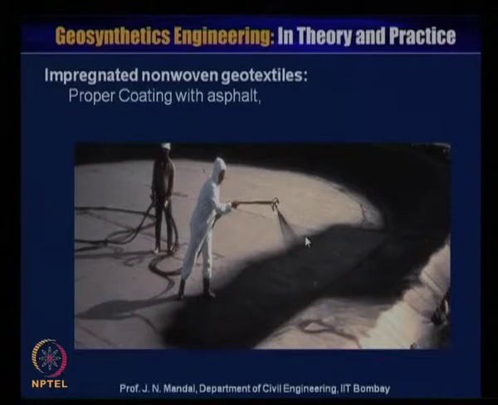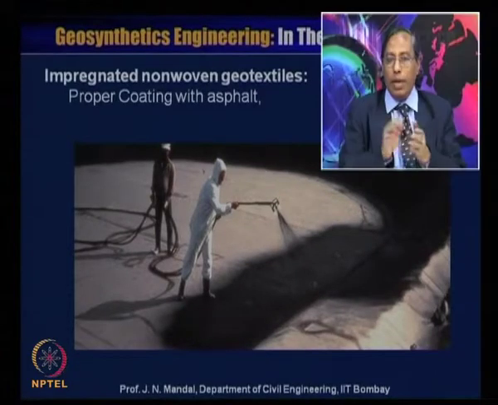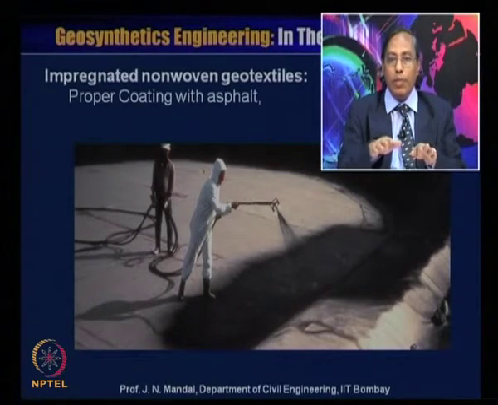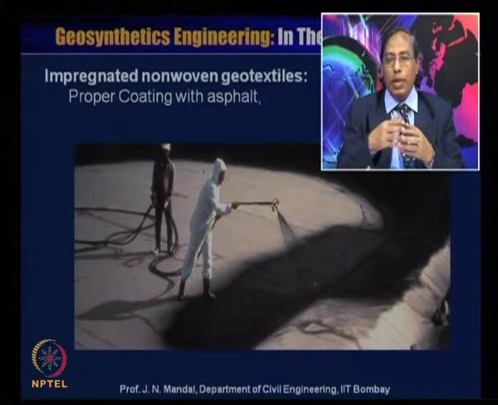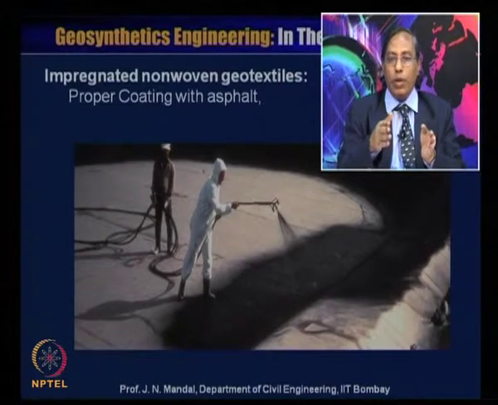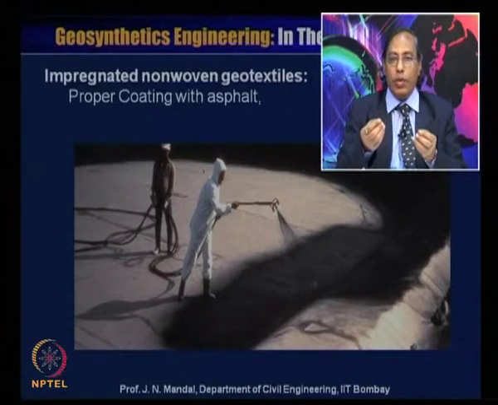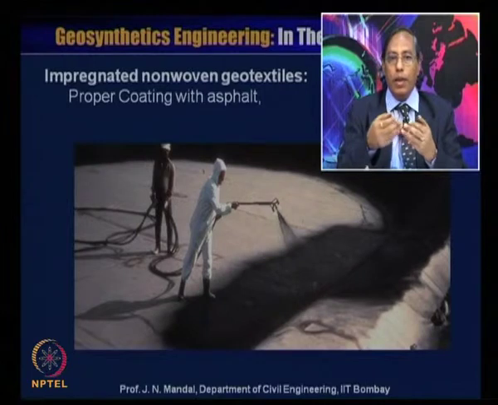If there is a formation of a crack, you first clean this and fill it up with the coating material, and then you can place the non-woven geotextile material, and on top of it you provide the asphalt, because the non-woven geotextile has an opening size, or apparent opening size, and it should be filled by coating with the asphalt.